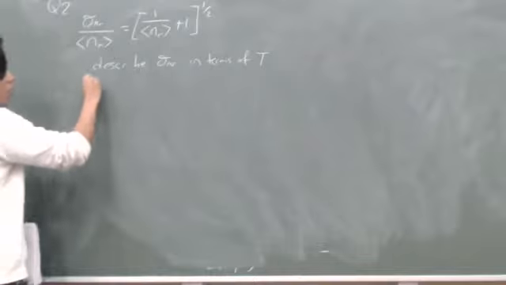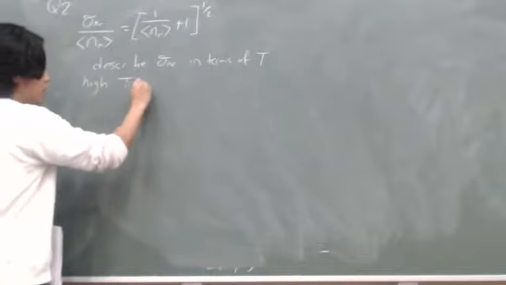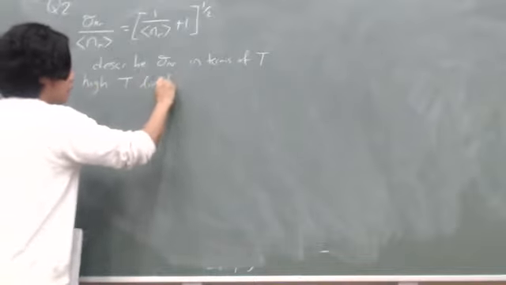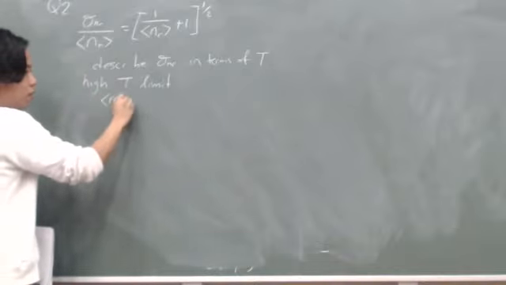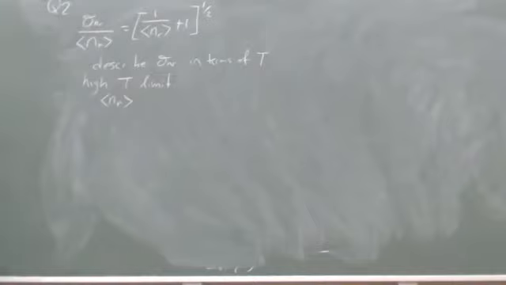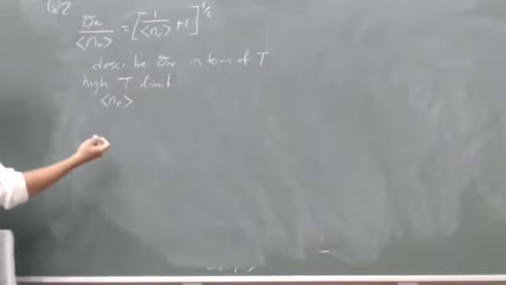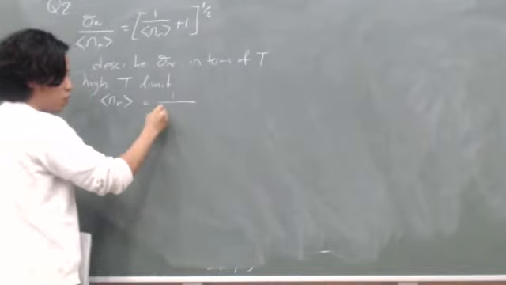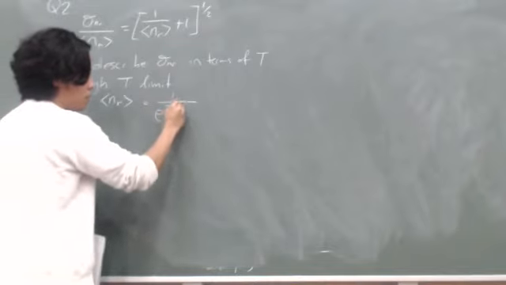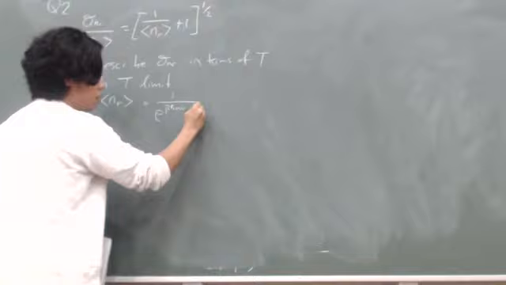So let's take the high temperature limit first, high T limit. It doesn't matter what limit we're working at, the occupation number for photons is going to follow a Bose-Einstein distribution. So it's going to be e to the beta h bar omega minus 1.